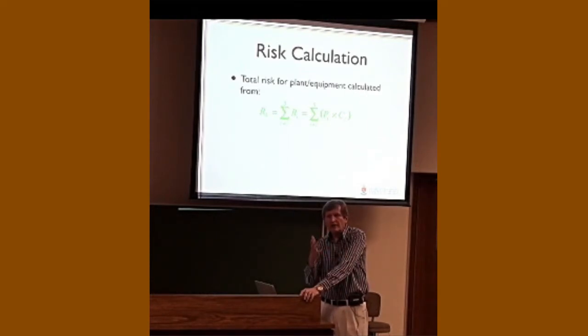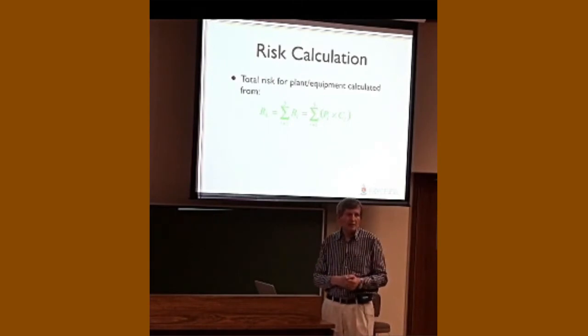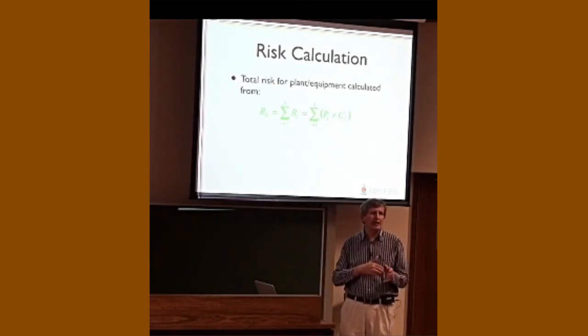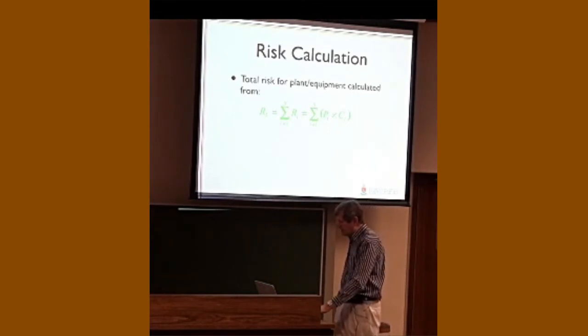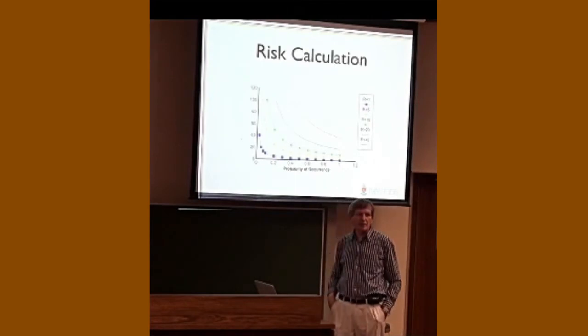And then you can compare that against other pieces of equipment by plotting it on a set of axes where you have consequence on the one axis and probability of occurrence on the other axis. So you can plot it like that. And then it makes sense to construct some ISO risk lines, so that it's easier to compare different risks against one another.